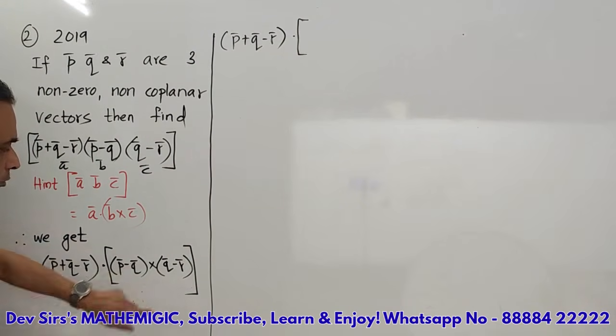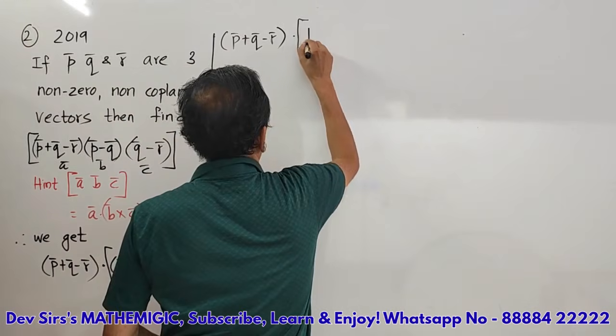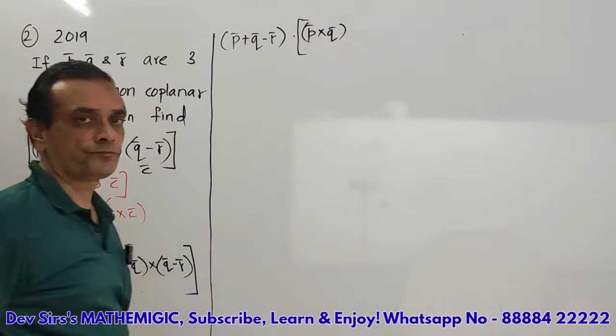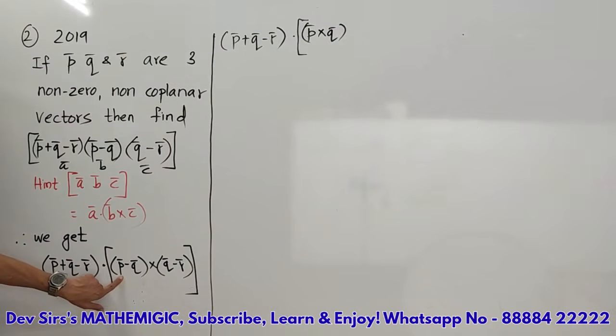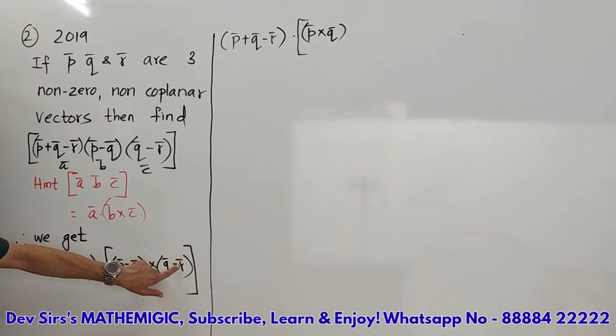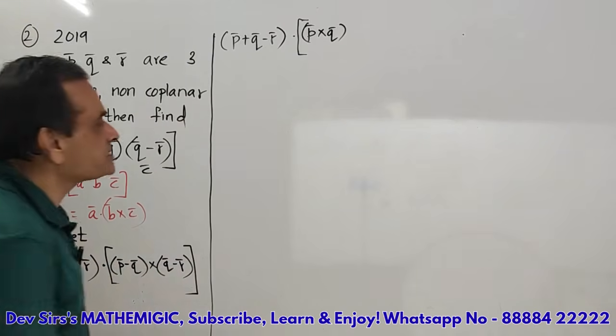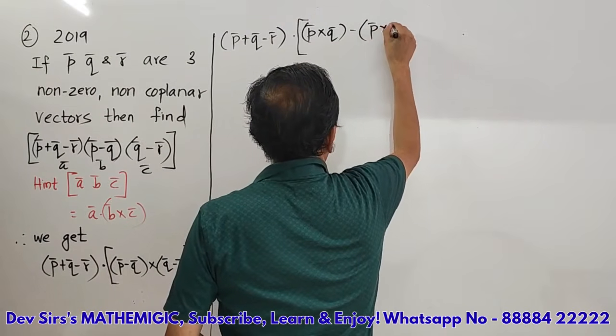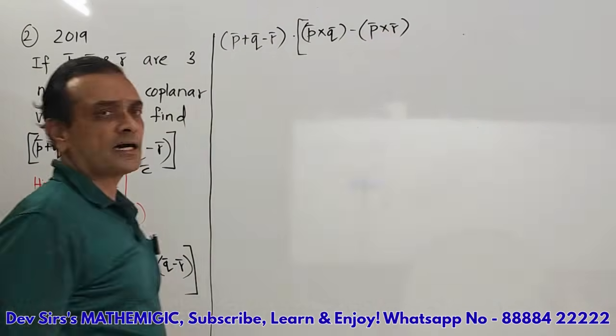P cross Q. Again go to P. P का काम खत्म नहीं हो गया. P cross Q plus into minus. R के सामने माइनस है. So plus into minus is minus, which I will write here. P cross R.